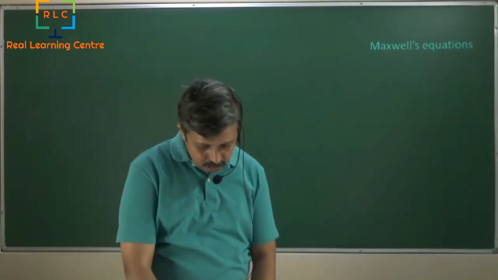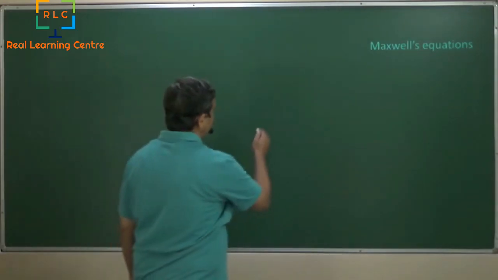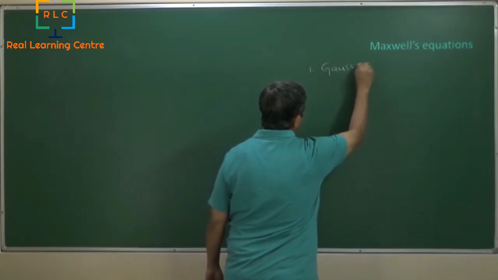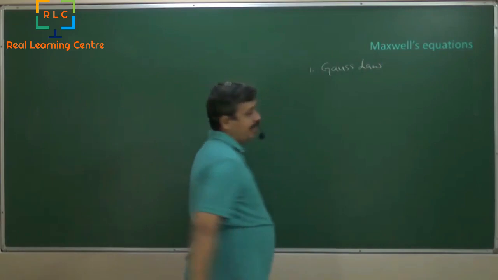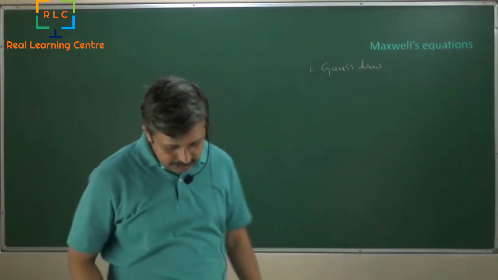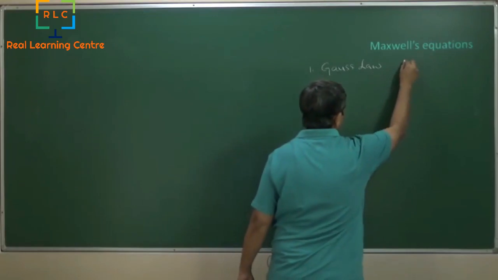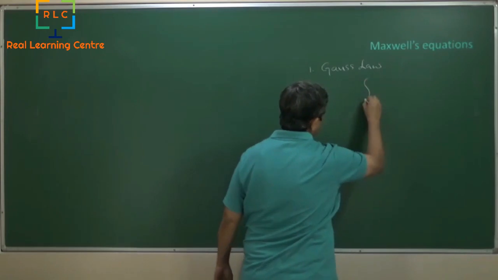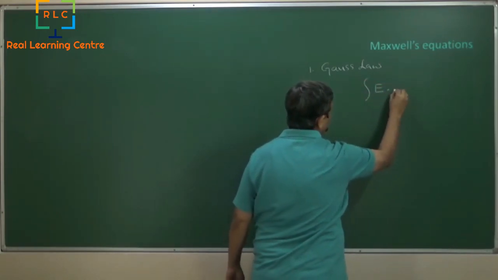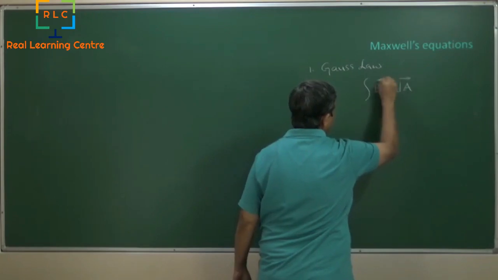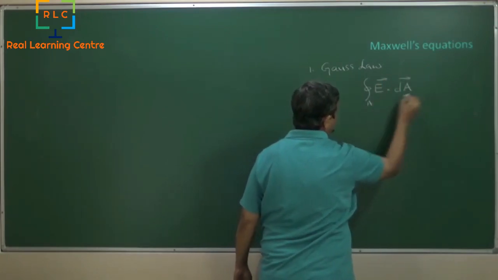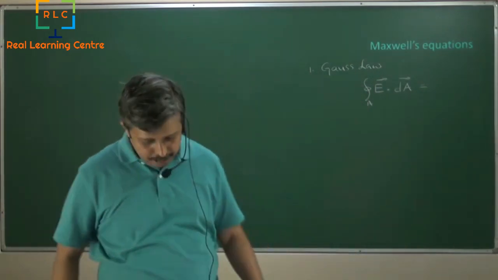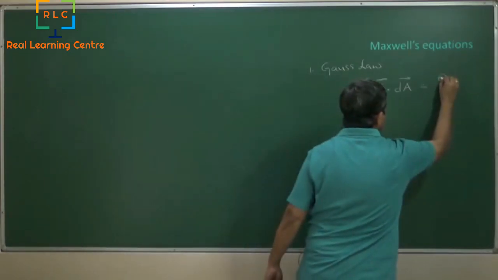First equation is called Gauss law. And we all know what is Gauss law. Gauss law is nothing but the integral of E dot dA over the surface or full area, which is equal to the charge that is enclosed divided by epsilon naught, Q divided by epsilon naught.